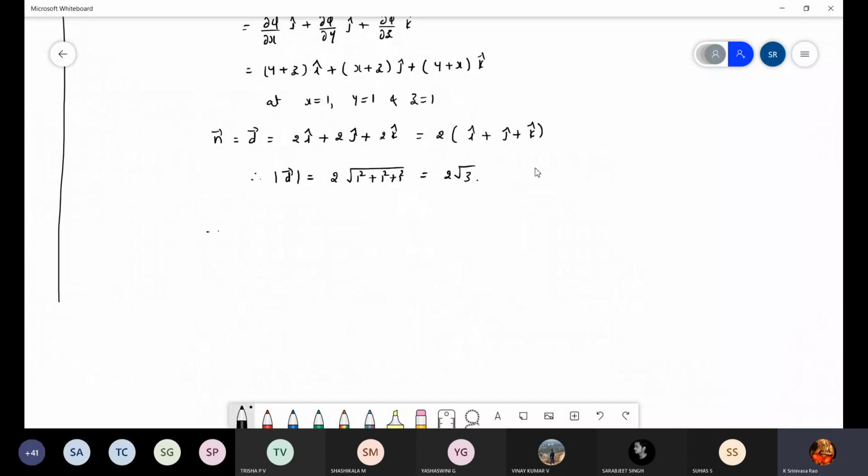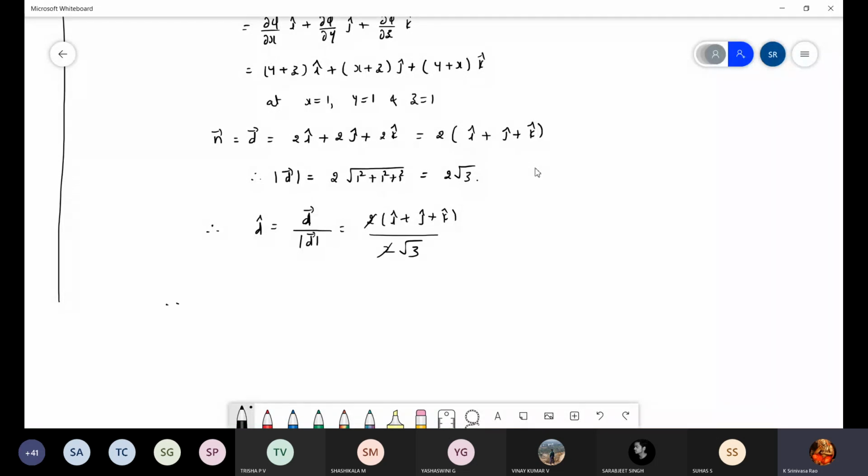Therefore, d cap equals vector d divided by its magnitude. So that is equal to vector d, which is 2 times i plus j plus k, divided by 2 root 3. Here the 2 cancels. That remaining term you can substitute.